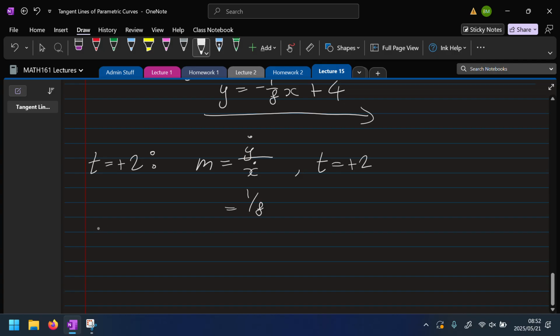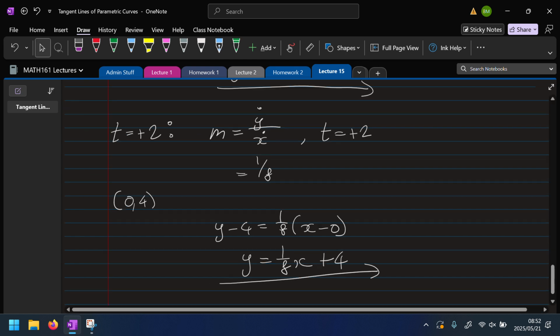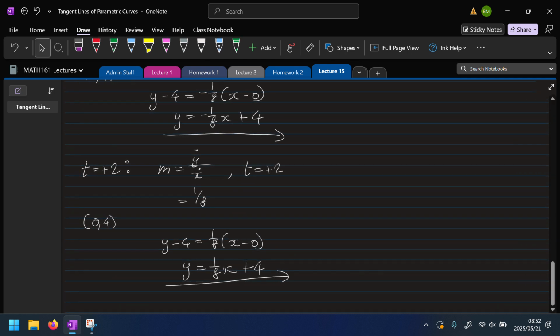And again, this is happening at the point 0, 4. So we're going to have y minus 4 is 1 over 8 x minus 0. Okay, so y equals 1 over 8x plus 4. So we have our two tangent lines there.